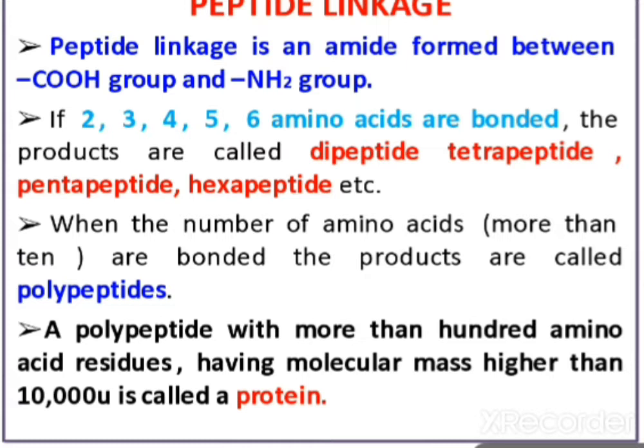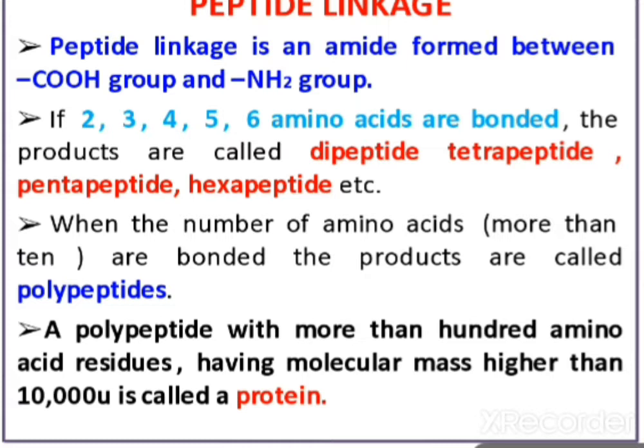Remember this thing, in amino acids we have seen the structure of amino acids. In an amino acid, one carboxylic group is there and one amine group is there. One hydrogen is there and also one R. So R may be different for different amino acids. The compulsory condition is carboxylic acid and amine.